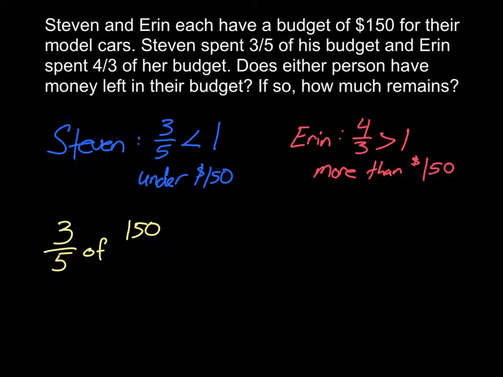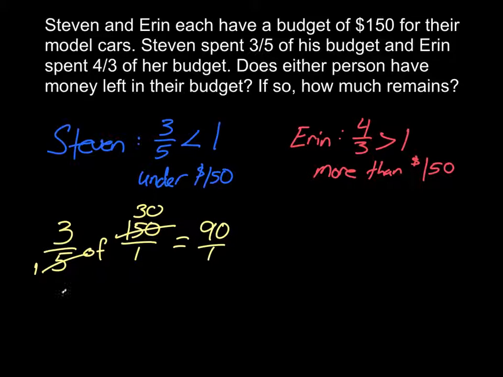Now for Stephen, I'm looking for 3/5 of $150, and I'm going to do that as a fraction, remembering that of means to multiply, and I'm going to take a shortcut, and I'm actually going to cross simplify and say that I know 5 goes into 5 once, and I know that 5 goes into 150 30 times. And then I can multiply. 3 times 30 gives you 90, and 90 over 1 simplifies to 90.